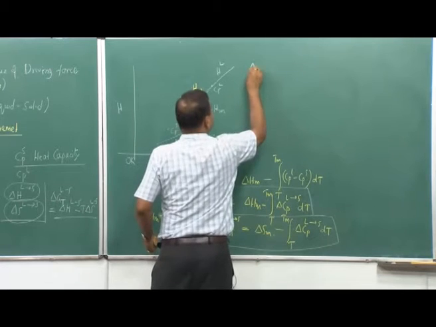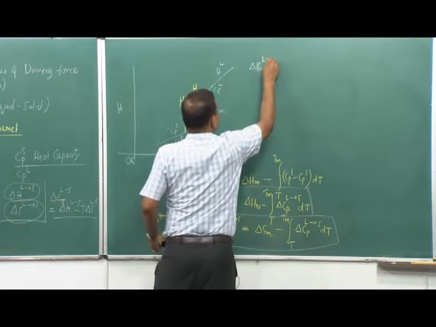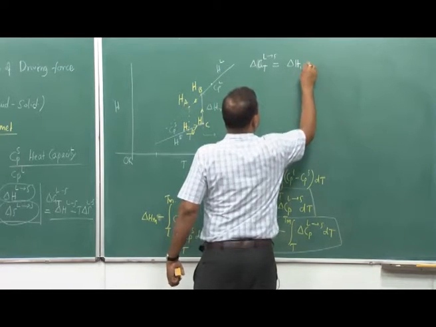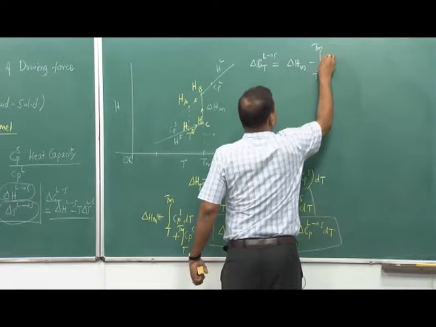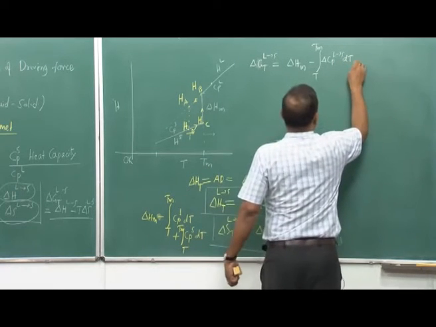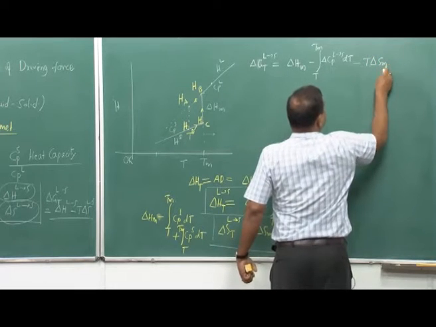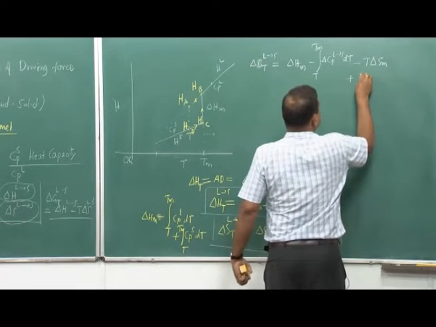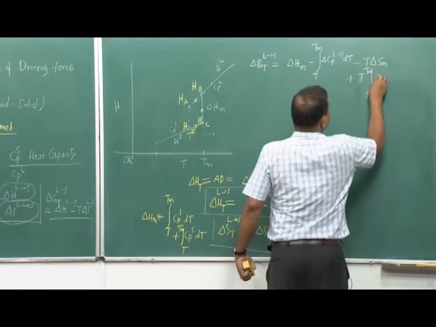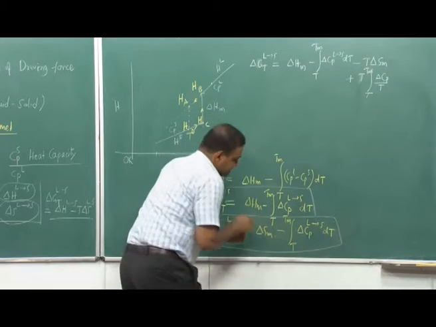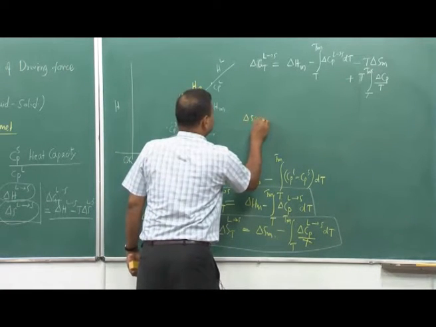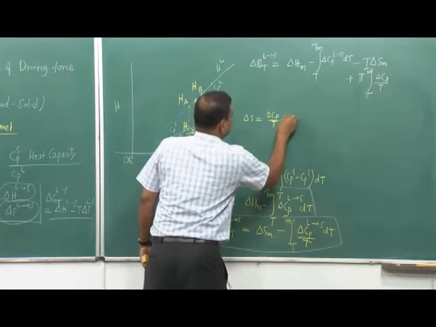So, I will get del G liquid to solid at T equal to del Hm minus T Tm del Cp liquid to solid dt minus T del Sm plus T, sorry, there is a small change here, there should be a temperature here, because del S is this.